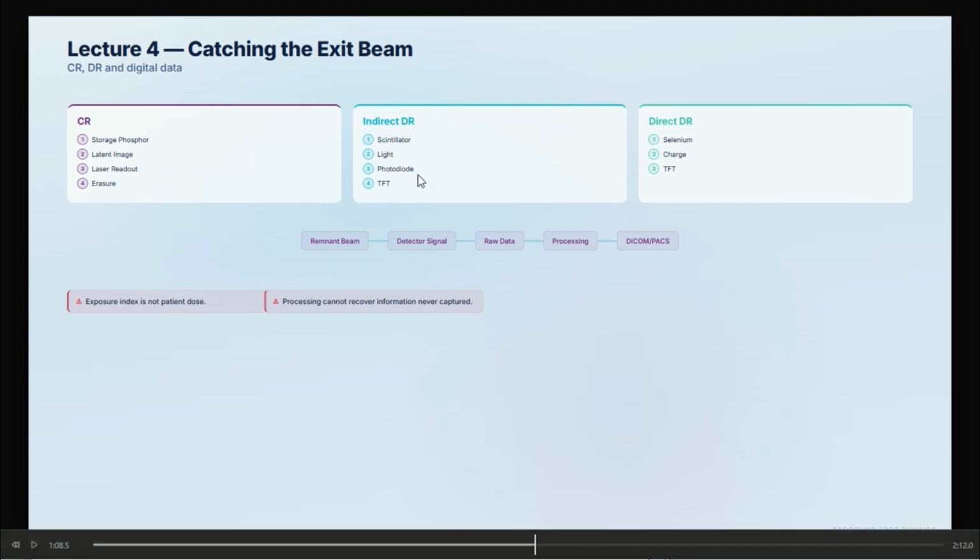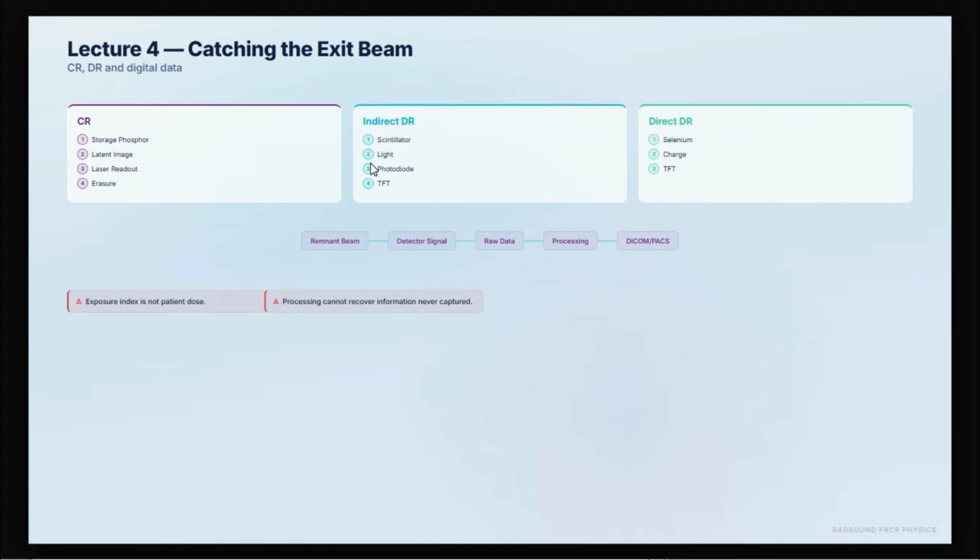Then that light is going to be converted by a photodiode into electric charges. That means photo means light, diode, from light to electric charges. So the photodiode in the indirect is made from amorphous silicon.